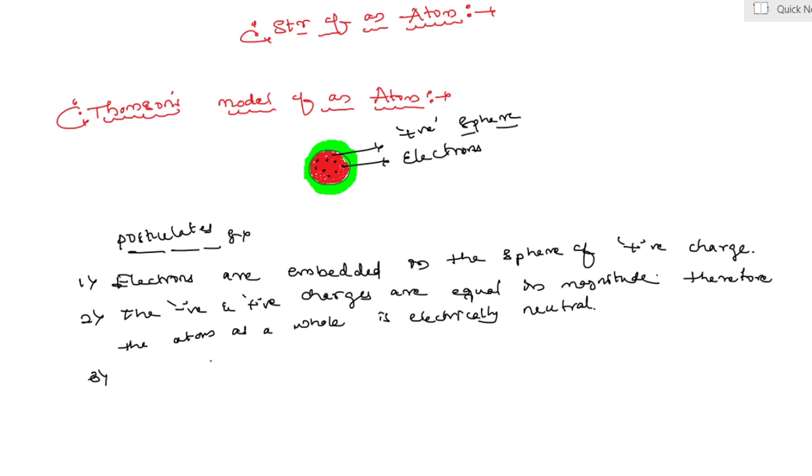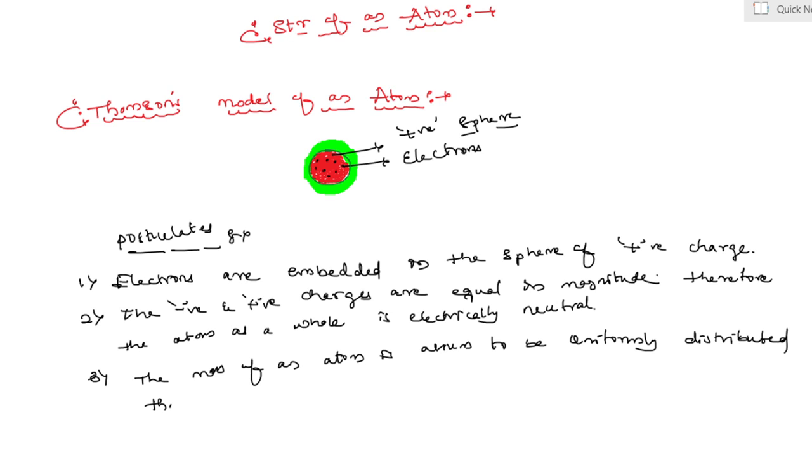And third one, the mass of an atom is assumed to be uniformly distributed throughout the atom. Yes, my dear students, it means the mass of an atom is assumed to be uniformly distributed throughout the atom.